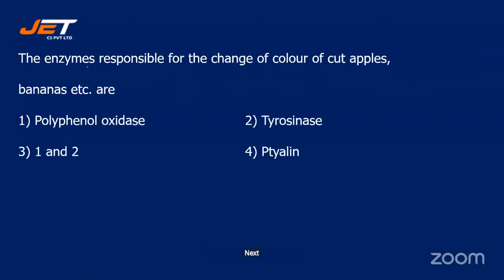Next question. The enzymes responsible for change of color in cut apples or bananas are... So which enzyme in banana or cut apple is responsible for the browning effect which we get? That is polyphenol oxidase, tyrosinase, tylin or both 1 and 2. Which is the right option?